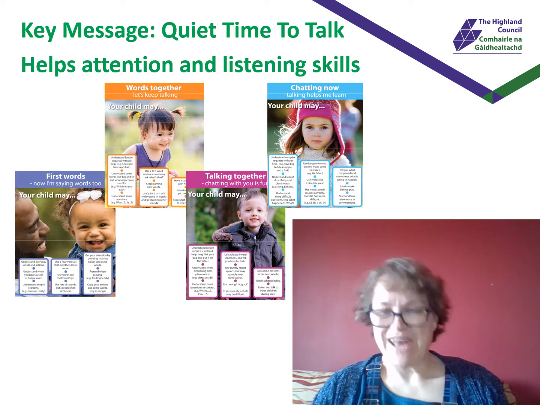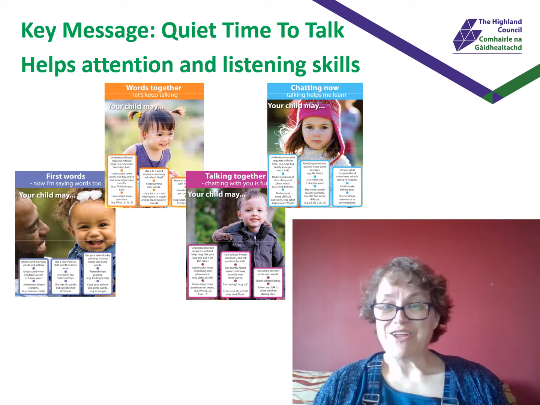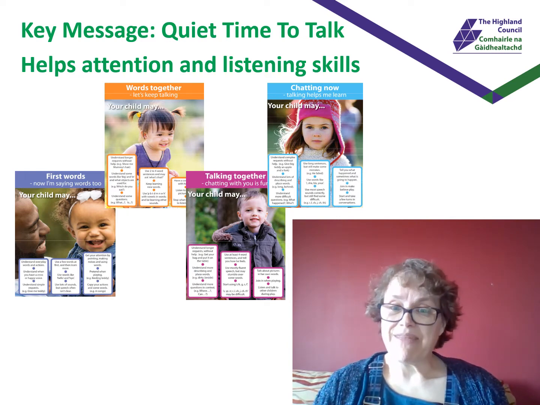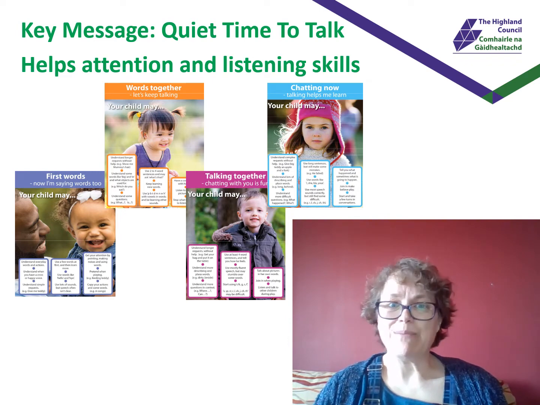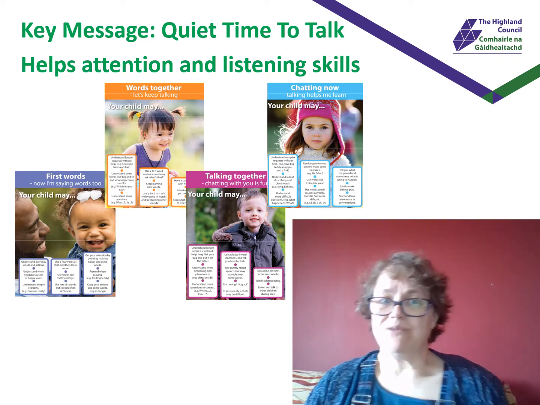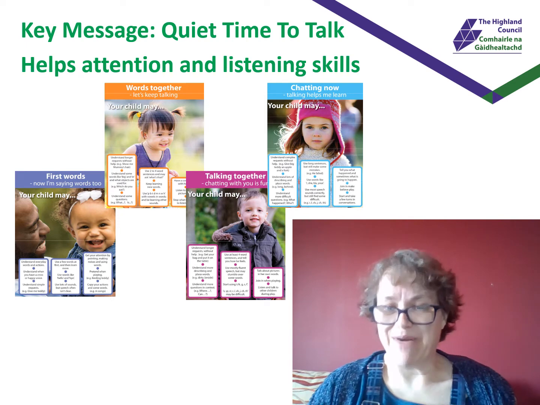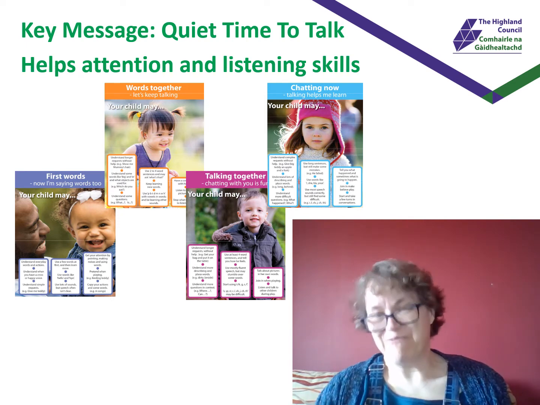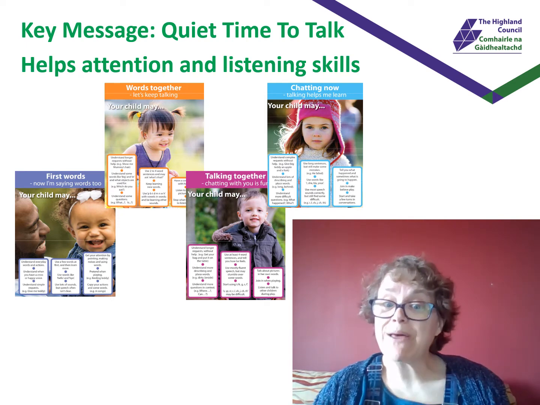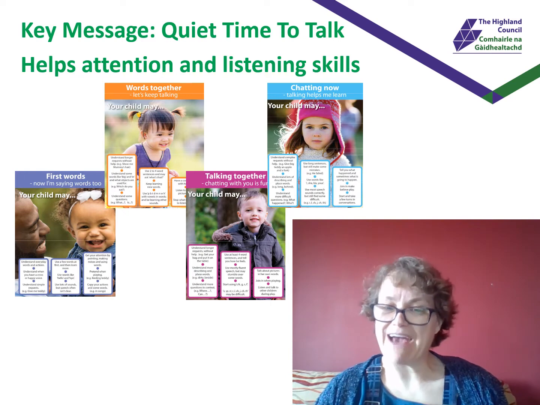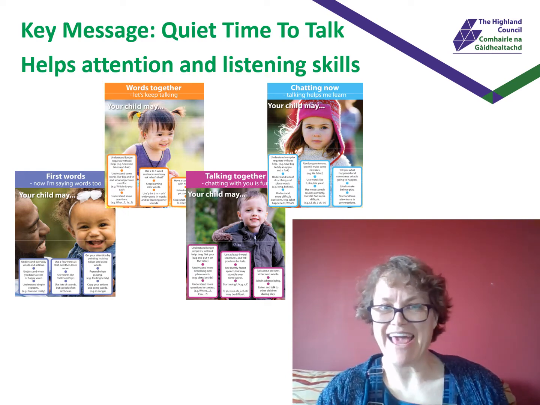They move from one activity to another, only settling to some things for a really short space of time. It can be exhausting to try and keep up with them as they move from one thing to another. And that's typical development. They should only have that really short attention span at that age.